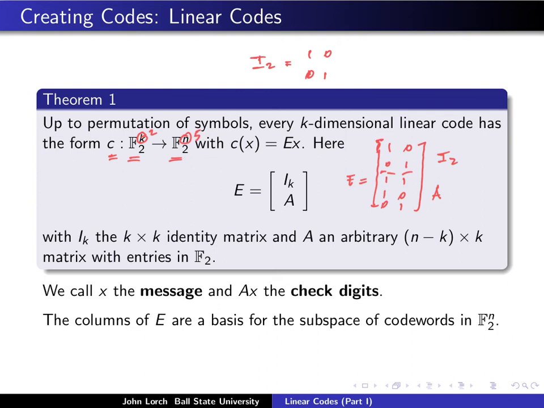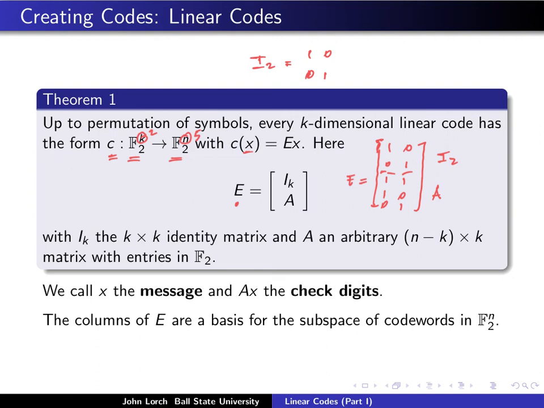Okay, so that was the example on the previous slide. And it generalizes to this theorem. Every single linear code has this form, where the code words are linear combinations of the columns of this matrix E. We call X a string in F2^k, so it's a string of length k.